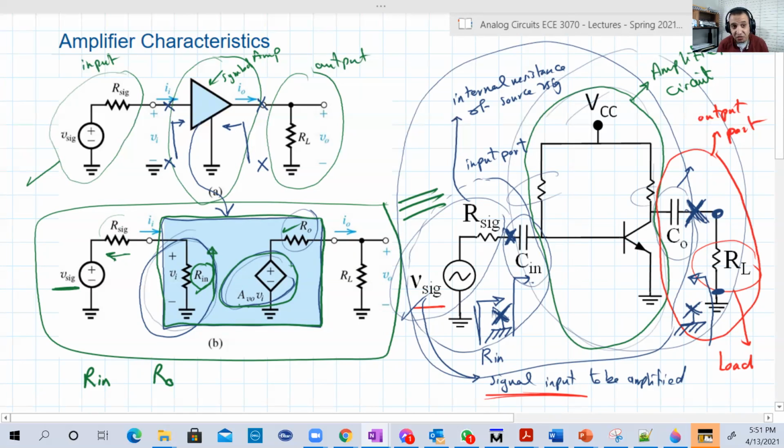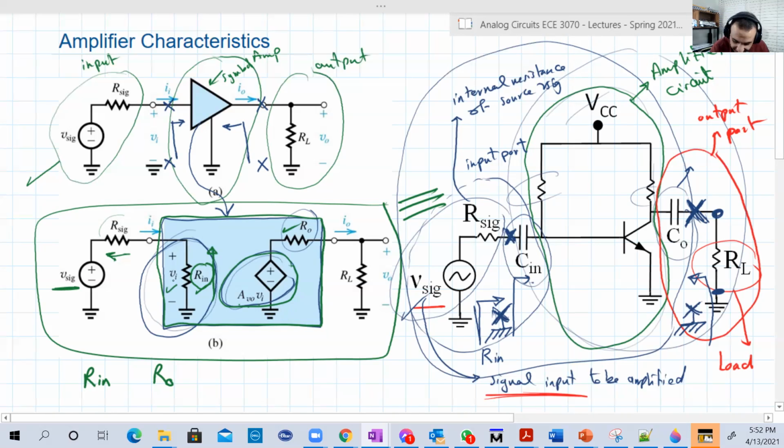Unfortunately, we can't amplify 100% of the input voltage. Why? Because the input signal, V signal, has some internal resistance, R signal, that will take some of its voltage by voltage divider, of course. And the other part, which will go to our input, we're going to call VI. VI is the portion of V signal that will be amplified.